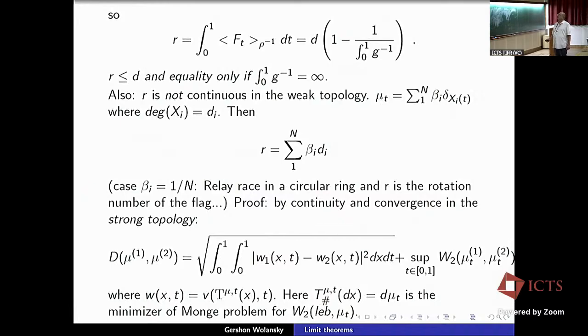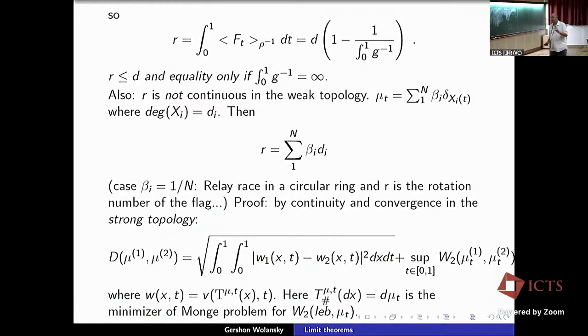So we obtain that the rotation number is d times 1 minus 1 over the integral of 1 over g. So you can see if the profile of g, the moving profile, has some interval of zero, then the integral of 1 over g is infinity, and the rotation number will be d.